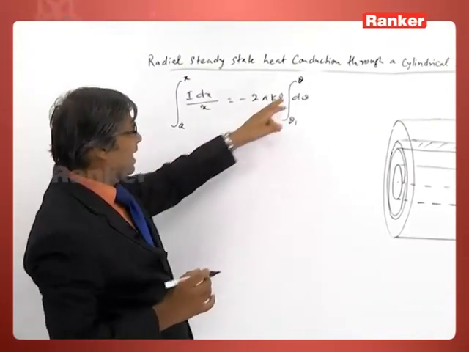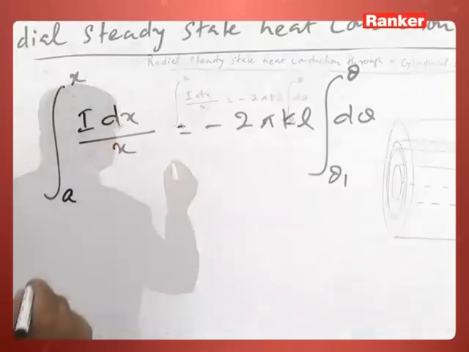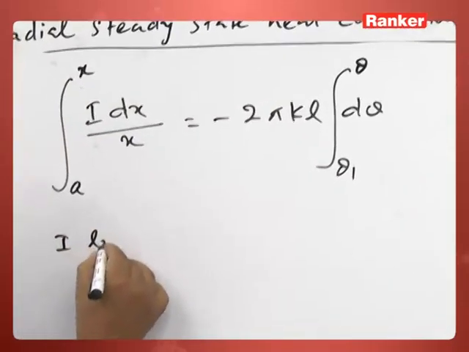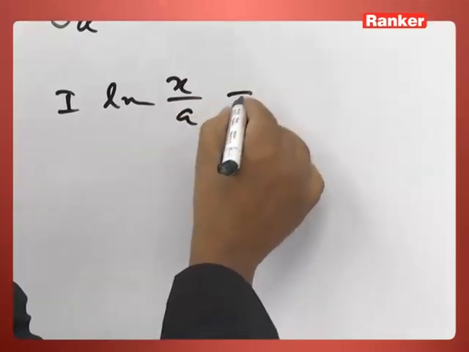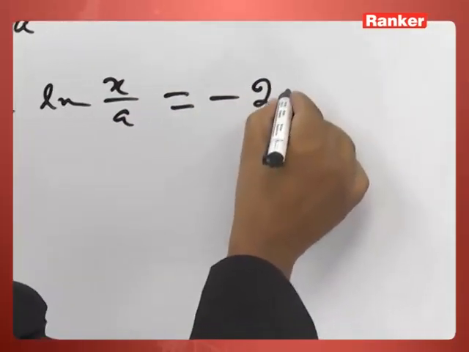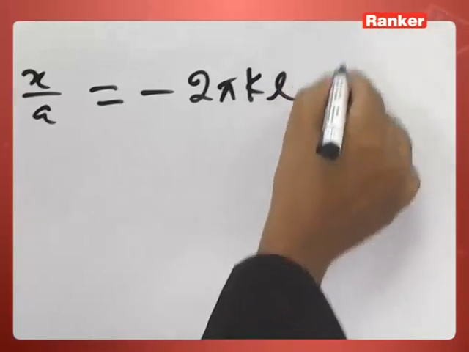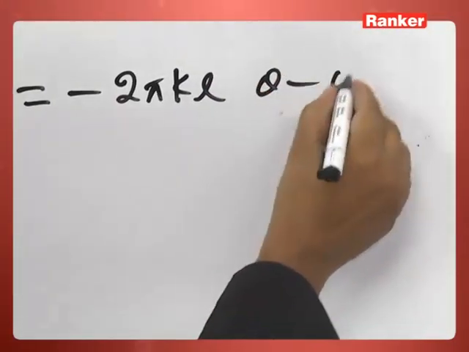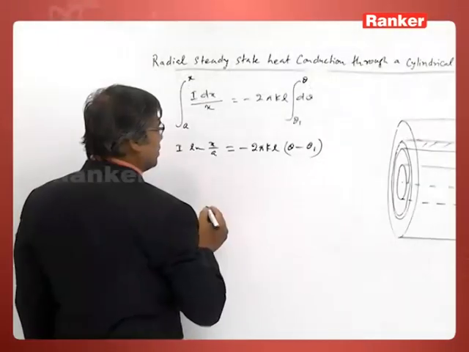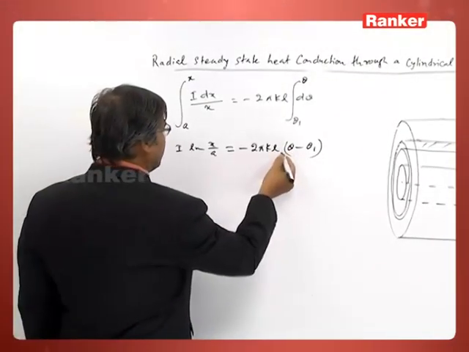So, in this way I can calculate theta directly. So, I will get I is equal to ln x by A will be minus 2 pi k L, this is theta minus theta 1.